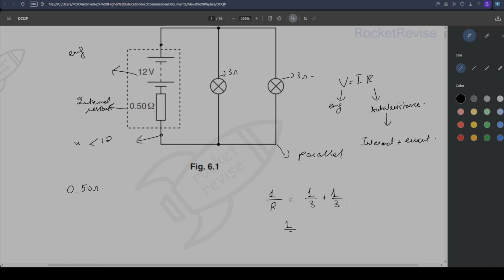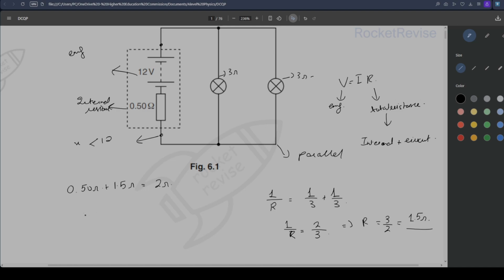So 1 divided by R is equal to 2 divided by 3, and if we take a reciprocal of this, R is going to be equal to 3 divided by 2, which is 1.5 ohms. So the resistance of the lamps, that's gonna be 1.5 ohms. So we're gonna get 0.5 ohms plus 1.5 ohms, so a total resistance of 2 ohms.